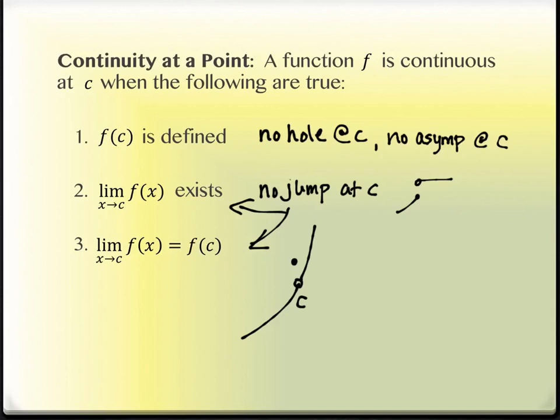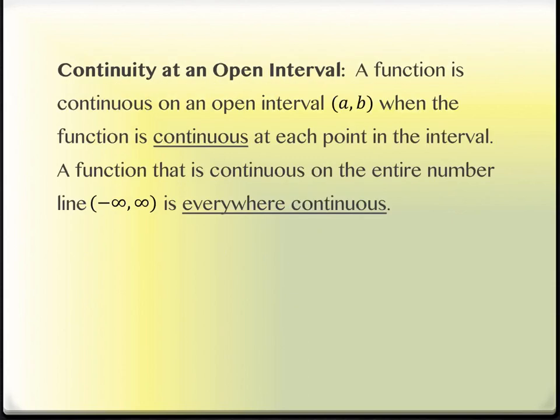Now, this is continuity at a specific point. And so then what we're going to do is we're going to generalize it to being over an interval. So on an open interval, a function is continuous when it's continuous at every point in the interval. That seems quite reasonable.